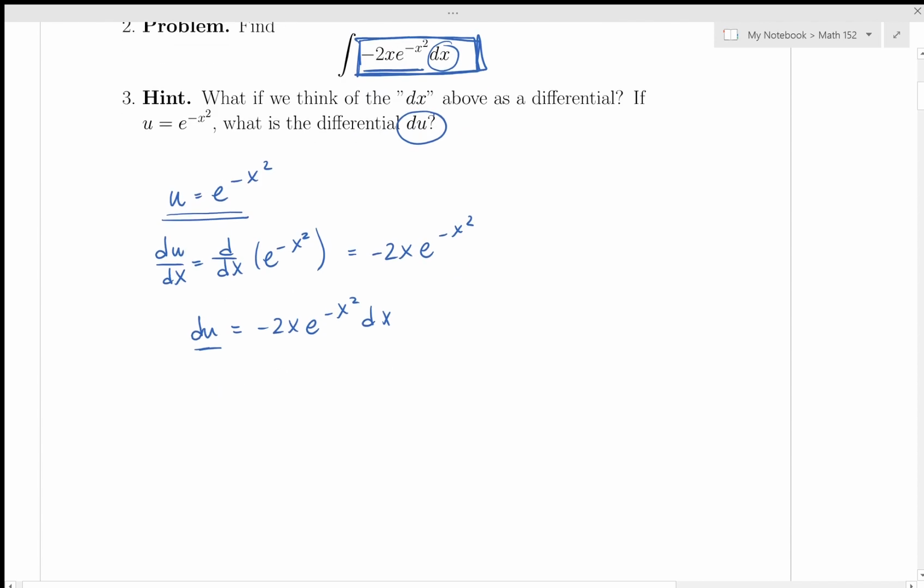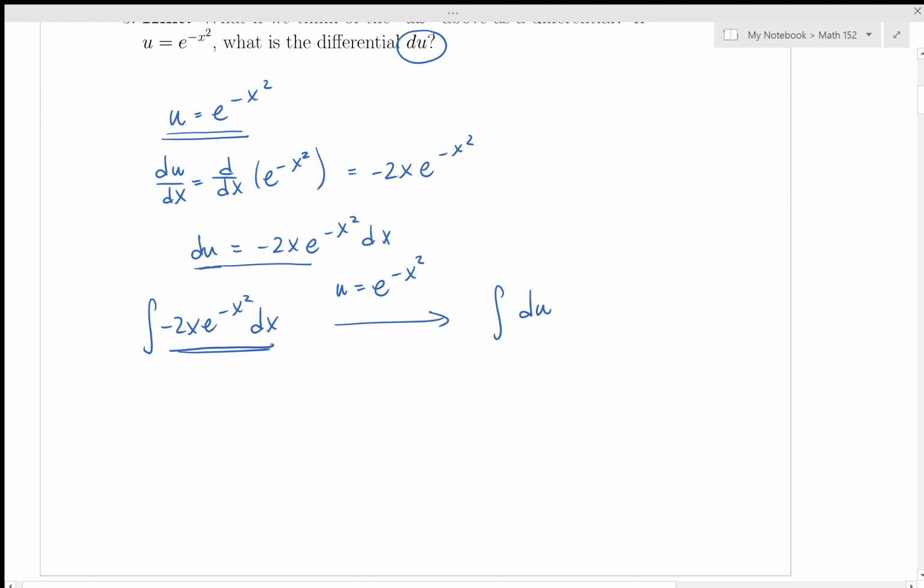So my integral, this integral here, minus 2x e to the minus x squared dx, using this substitution, u is equal to e to the minus x squared, can be transformed into the integral of du, because in fact I found out that du is exactly this thing here. It is extremely easy for me to integrate du. The integral of du is simply u plus a constant.